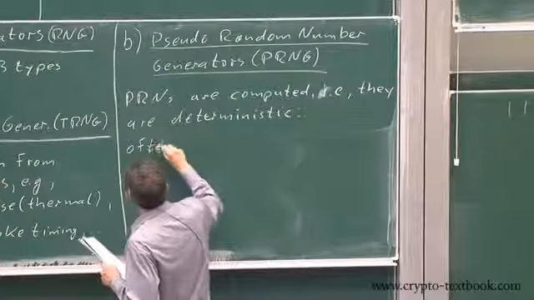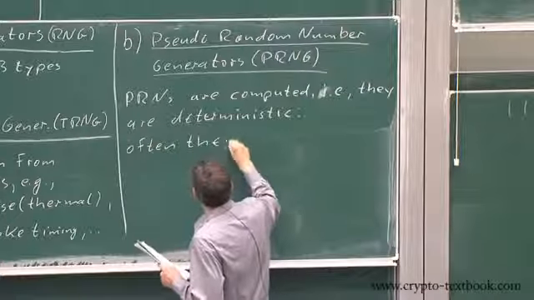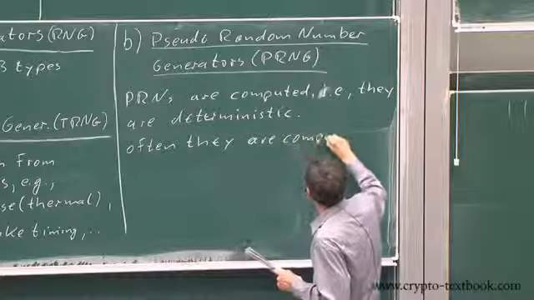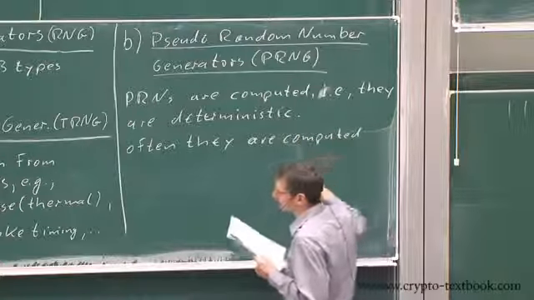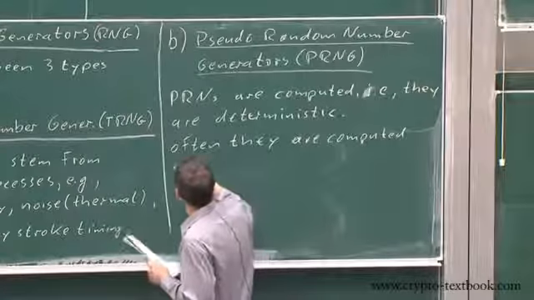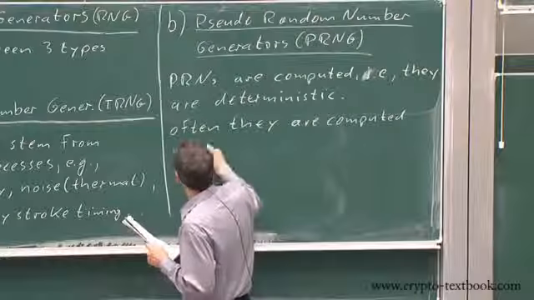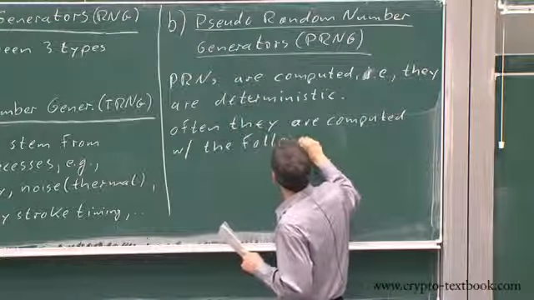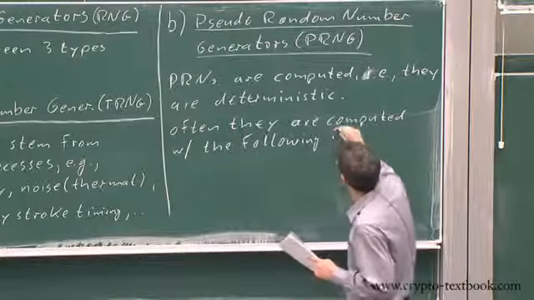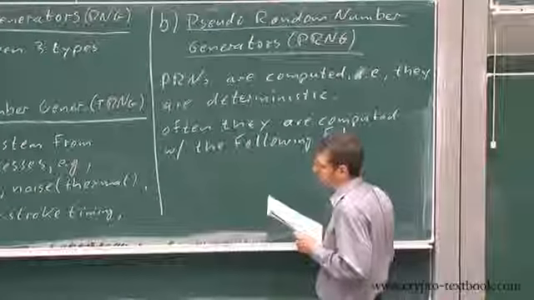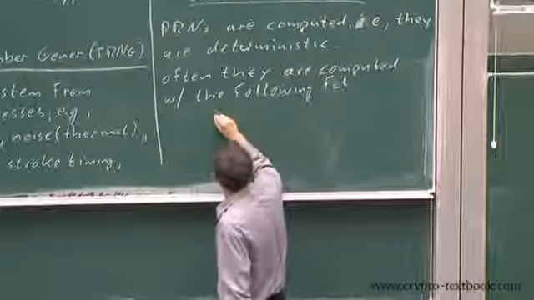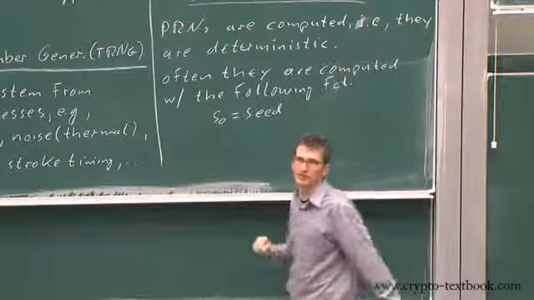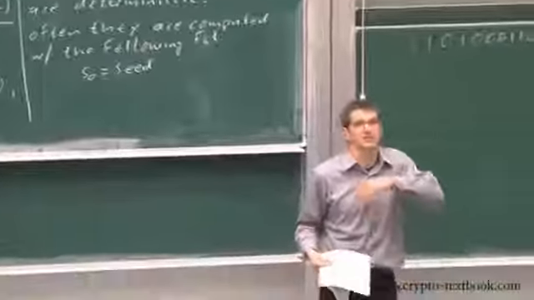Often they are computed with the following function, namely, your first random number is the seed value. This is coming from somewhere.